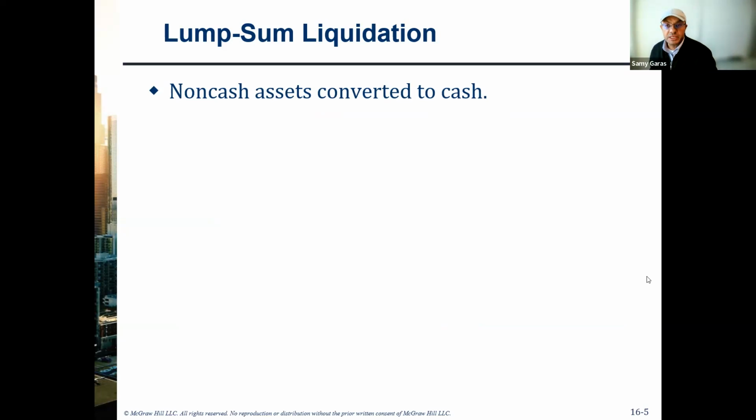How do we do the liquidating? Number one, we take all the non-cash. We divide our assets in the balance sheet, not current and fixed, but into cash and non-cash. The non-cash will include accounts receivable, inventory, fixed assets, intangible assets, any non-cash, we sell it.